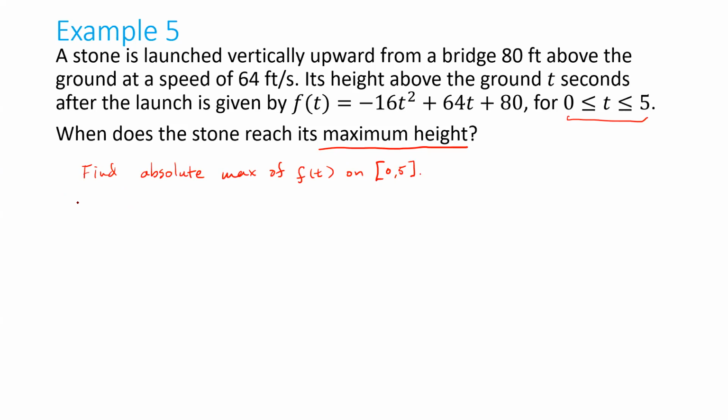So we'll do the same process. Find f prime. Which will be negative 16 times 2, so negative 32t plus 64. And then 64 equals 32t, so t equals 2, I believe. So that'll be our critical point.